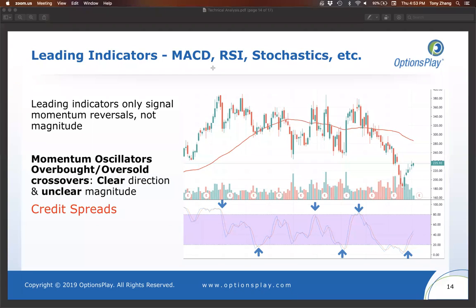So generally speaking, I advocate that if you're going to use one of these momentum indicators, select one and use only one. Because if you use multiple ones, you're likely just going to create more conflicting messages than you want, because they're all measuring momentum with different calculations.